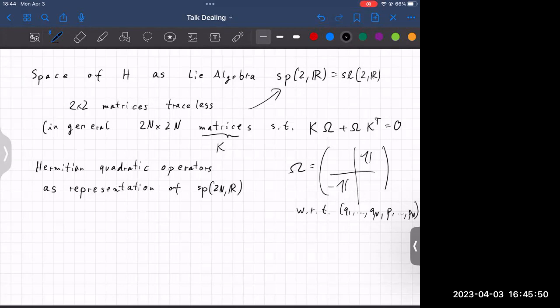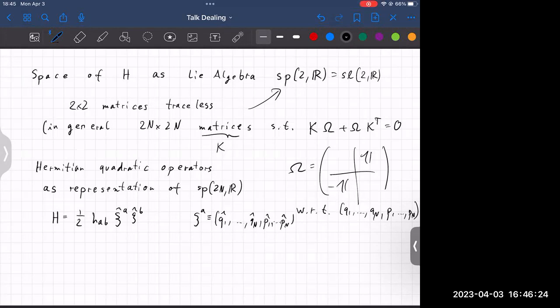I define, okay, there are various ways to do it, but one way is to say H is equal to 1/2 H_AB psi^A psi^B, where psi^A is essentially the structure of Q1 up to Qn that I just introduced, but then also P1 up to Pn.